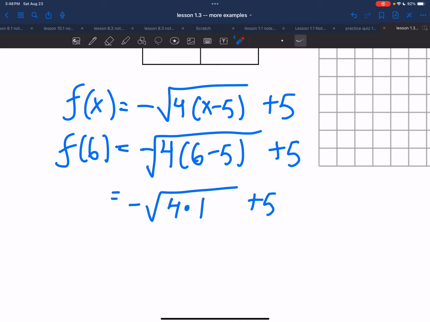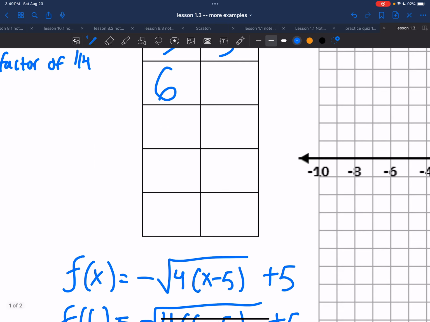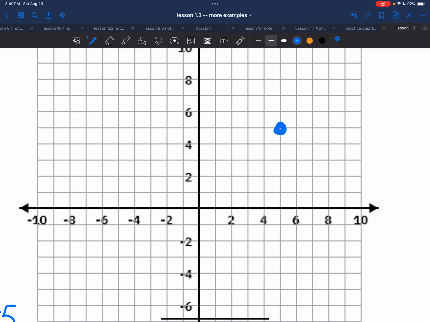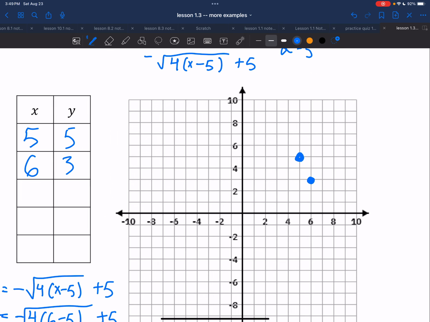Well, that's just 4. Square root of 4 is 2. But there's a negative here. So that is going to become negative 2, which when added with 5 is 3. So if I put in 6, the output is 3. So I go to 6 and put 3. Yeah?